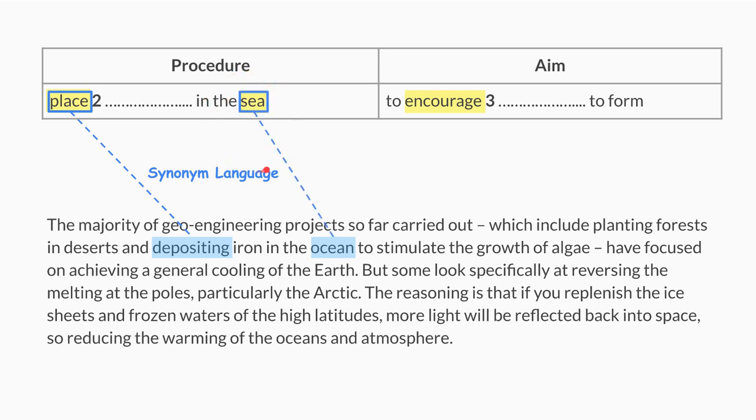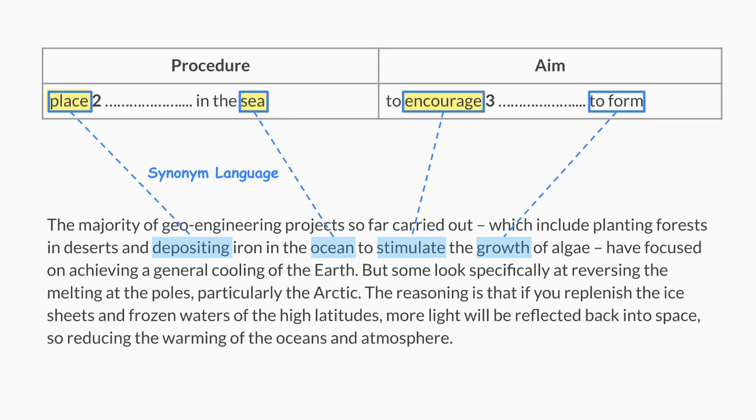So here we have synonym language again, and right here we have stimulate, that's synonym language for encourage, and here you'll see it mentions the word growth. To grow is synonym language for to form. So that is another use of synonym language there.